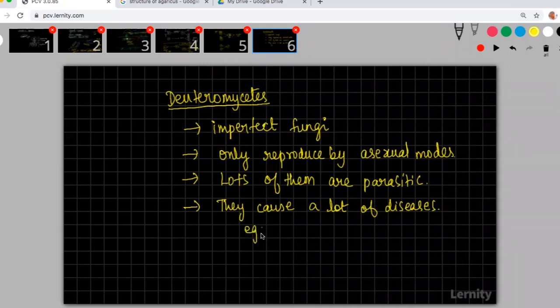For example, you have athlete's foot, ringworms, and other skin infections.